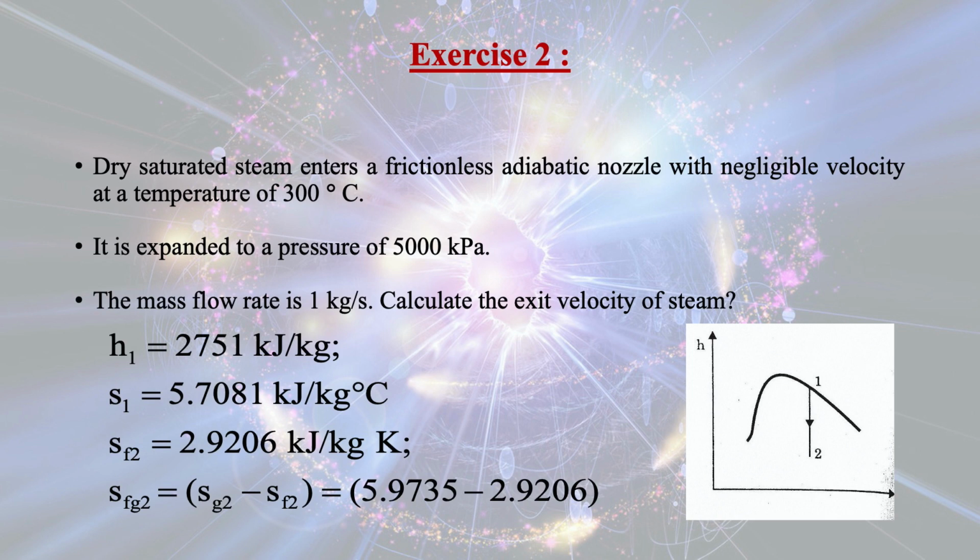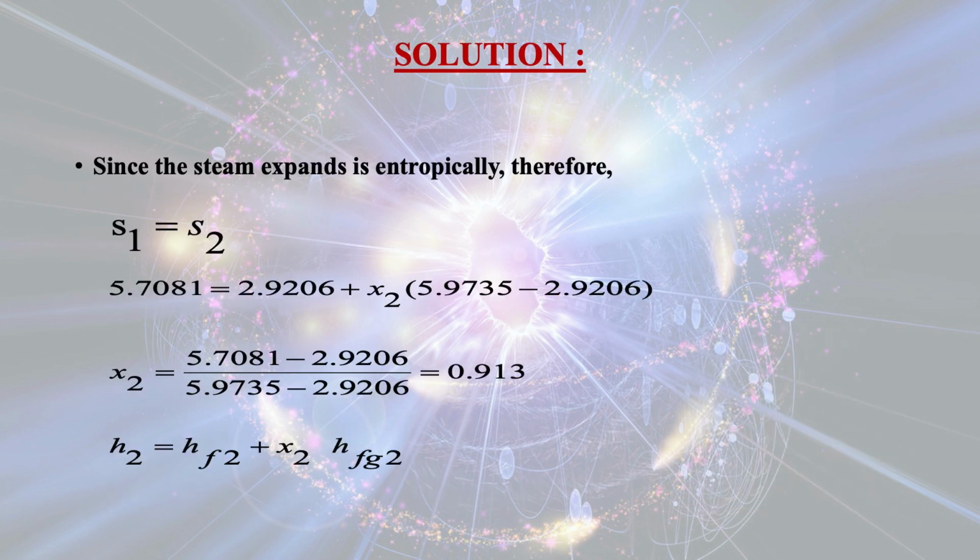So here SFG is equal to SG minus SF, that comes out to be 5.9735 minus 2.9206. Now, since it is an isentropic process, entropy at state 1 is equal to entropy at state 2. So S1 we know, that is 5.7081.